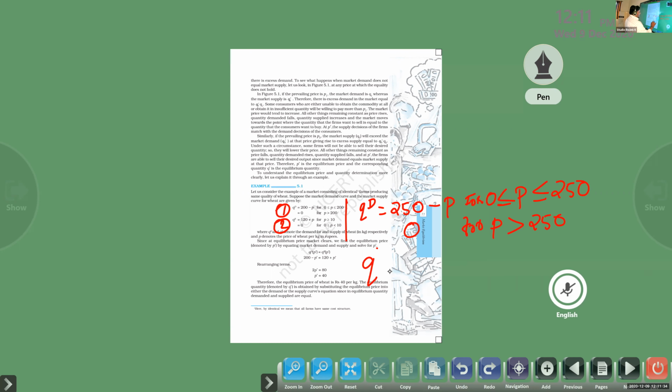QS is equal to 150 plus P for P greater than or equal to 10, and 0 for P less than 10. Okay, clear or not?